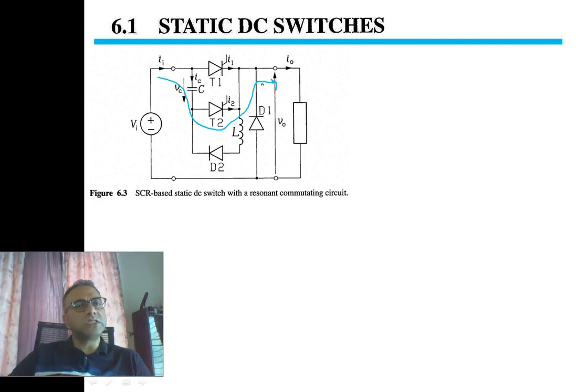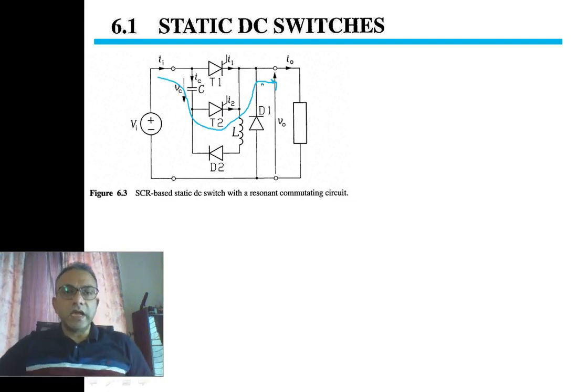Because T2, just like T1, is also an SCR. To turn off T2, we have to apply the same concept, making the current in T2 less than the holding current of T2. So should we use another commutating circuitry? Then this series will continue.